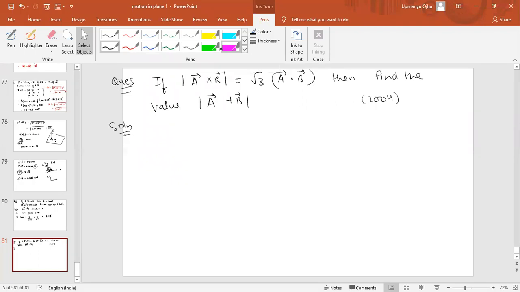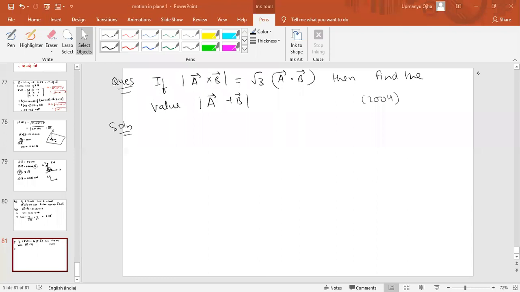Your statement is correct. That is what you have to find. This is the NEET problem. Okay, just think, how can you solve this problem? Mod of A cross B is equal to root 3 times A dot B. Find the value of mod of A plus B. 60 degrees coming.